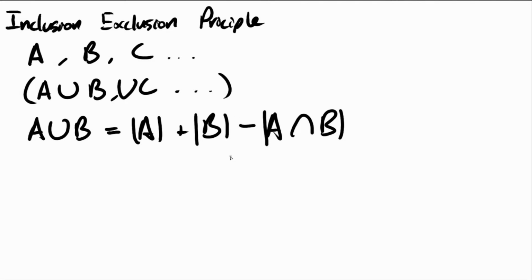And that makes sense, right? Because with a union you don't want to count repeated elements in each set twice. If you count the elements of sets A and B, you have to subtract the intersection between A and B because those elements are counted twice. In a union you only want to count the elements that they share once.